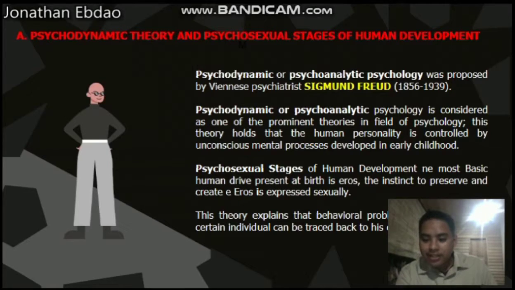During the second and third year of life, the focus of sexual attention is on the elimination of bodily waste, the anal stage. Psychodynamic psychology is considered one of the prominent theories in the field of psychology. This theory holds that human personality is controlled by unconscious mental processes developed in early childhood, and it argues that human personality contains three major components, namely the id, ego, and the superego.